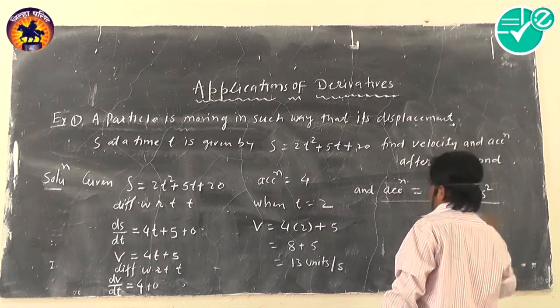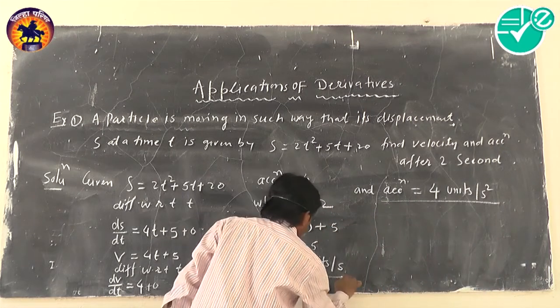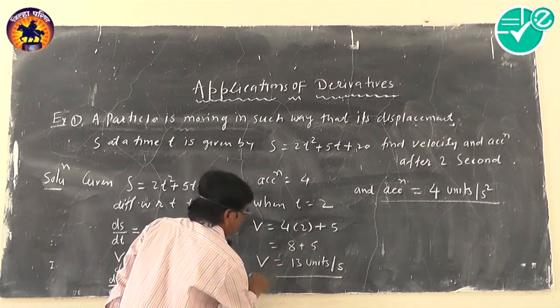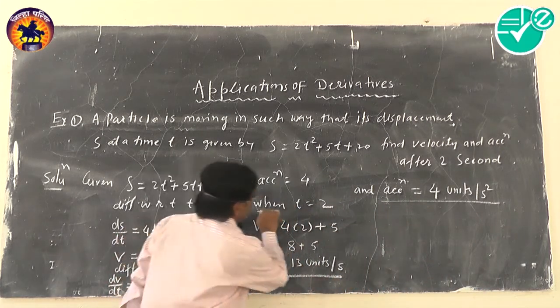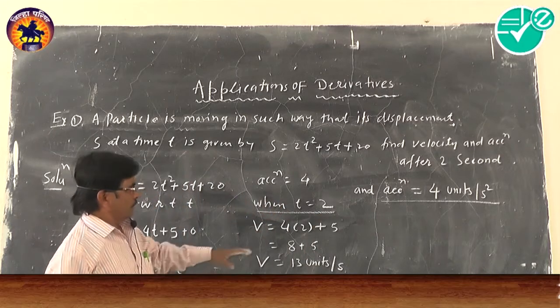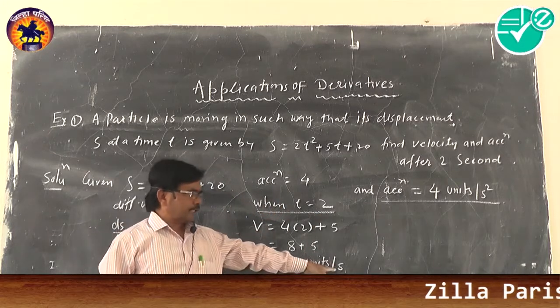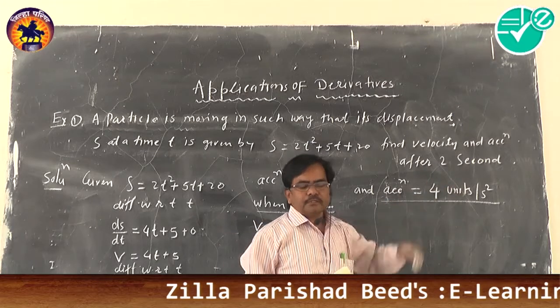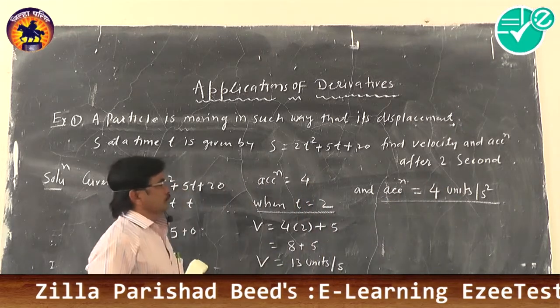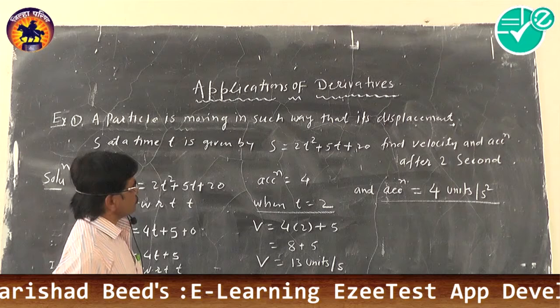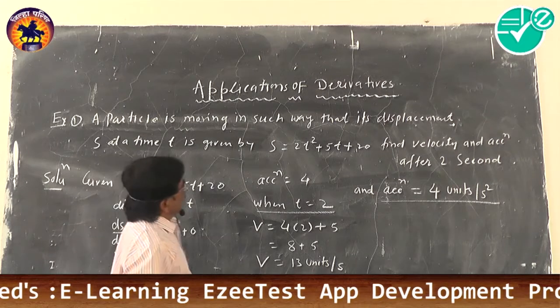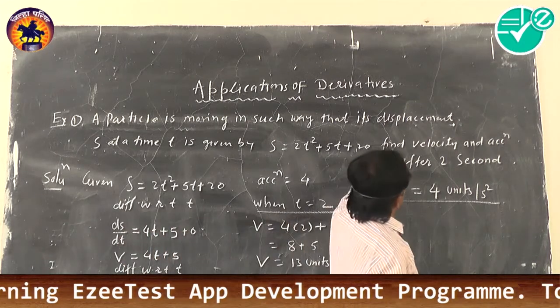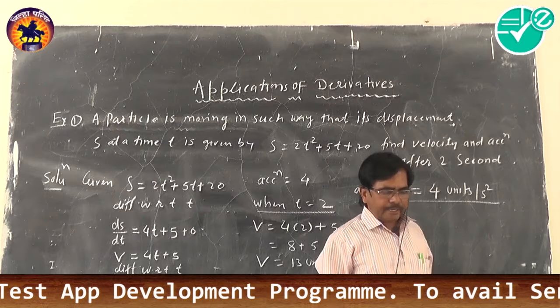This is the acceleration, and this is the velocity of the particle when t is equal to 2 seconds. When t is equal to 2, v is equal to 13 units per second, and acceleration is 4 units per second square. So, these are the two quantities our aim is to find, that is velocity and acceleration after 2 seconds.